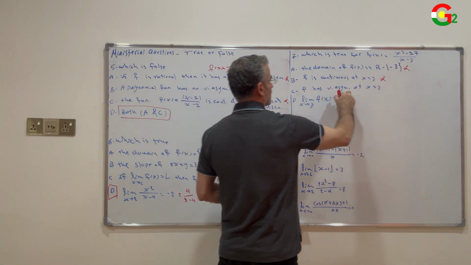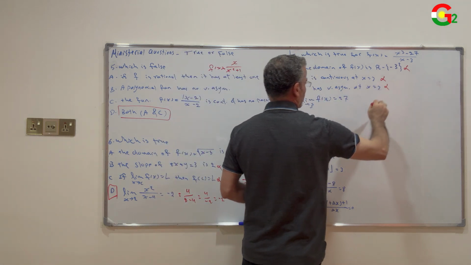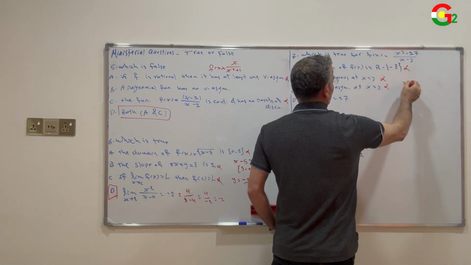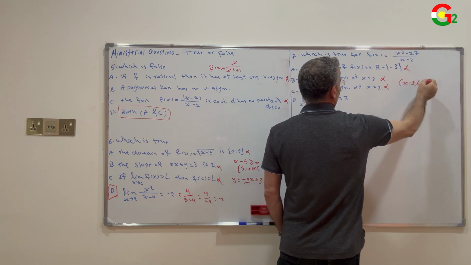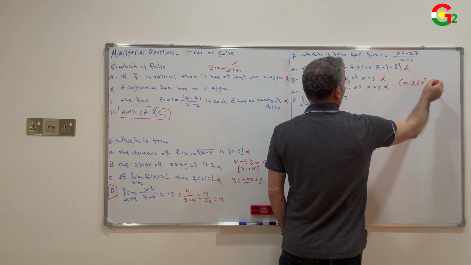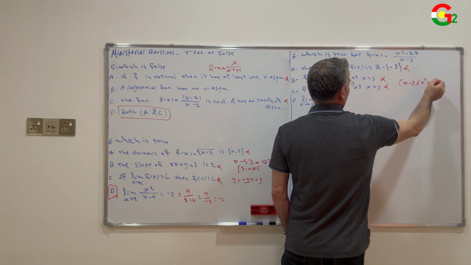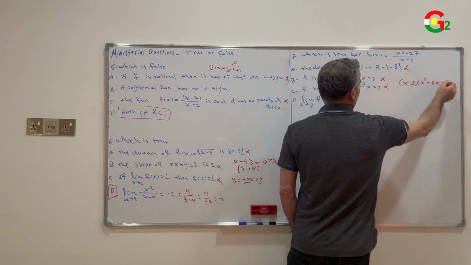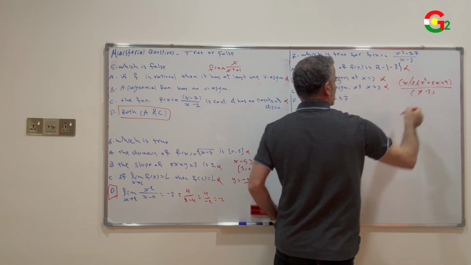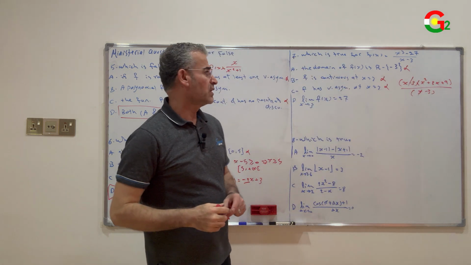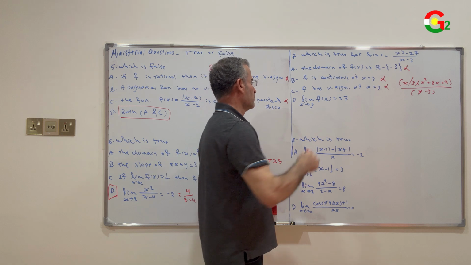F has a vertical asymptote at x equals 3. Also wrong. If we analyze the numerator, the difference of two cubes, then it will be like this. Reduce x minus 3 with x minus 3, then the function has no vertical asymptote.